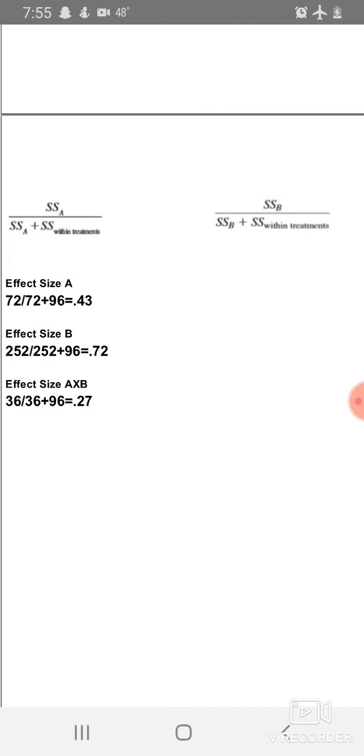For effect size B, you take SSB divided by SSB plus SS within. That is 252 divided by 252 plus 96 equals 0.72. And effect size A by B equals 36 divided by 36 plus 96, which equals 0.27.